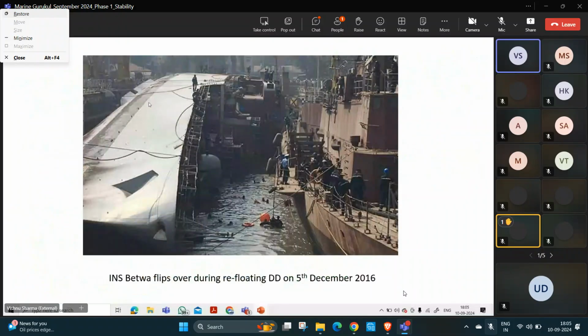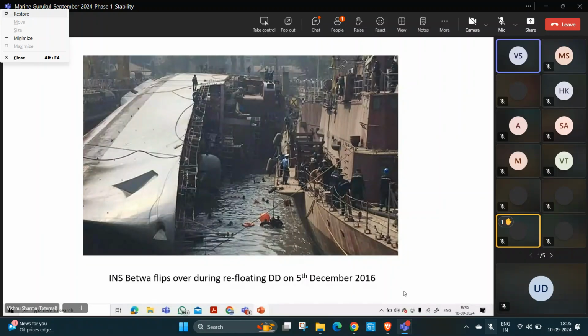I'll just end it with this photograph. This was very recent, 2016, just about 8 years old. You see a naval ship in a refloating process on 5th December 2016; you can see she toppled sideways.